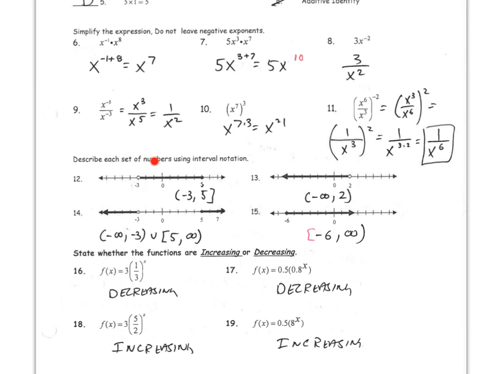So describe each set using interval notation. A bubble means not include in a number line. A dot means included. In interval notation, a parenthesis means not include, and this is the square bracket, which does include the value.